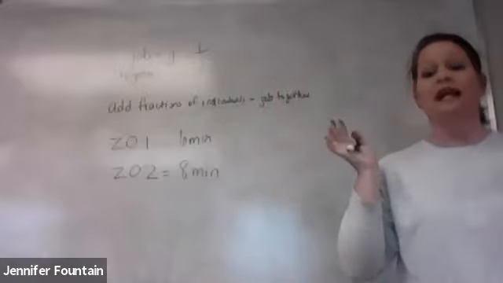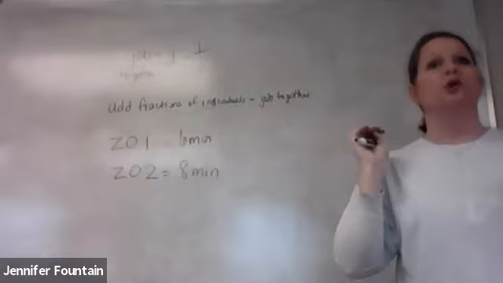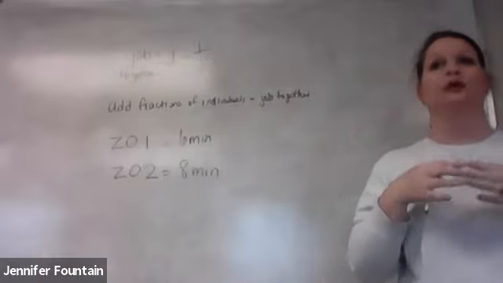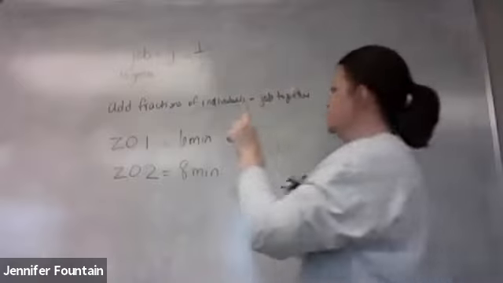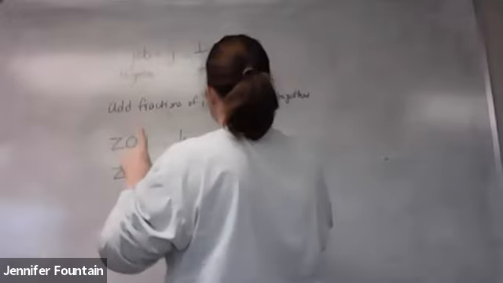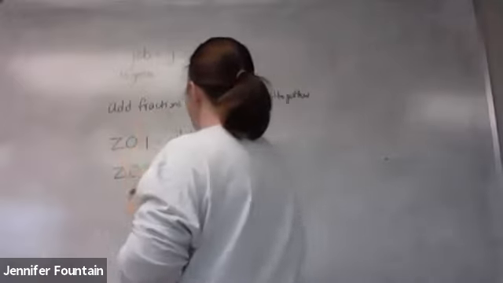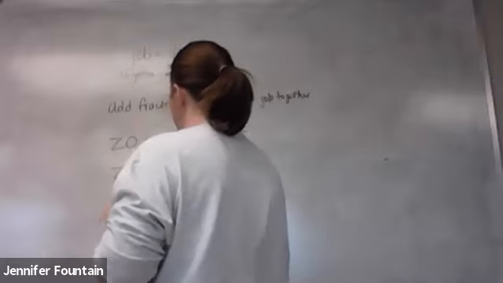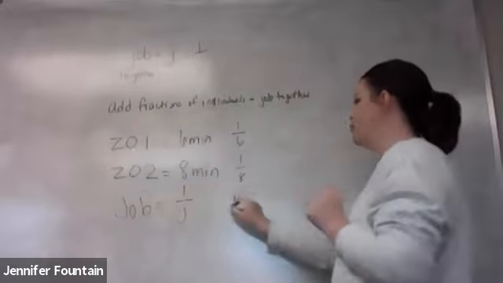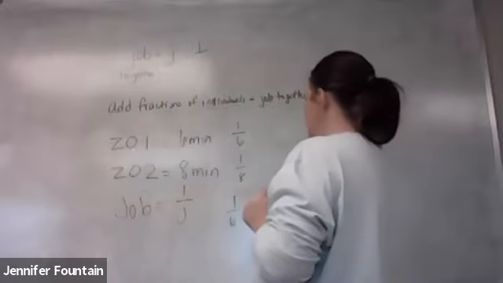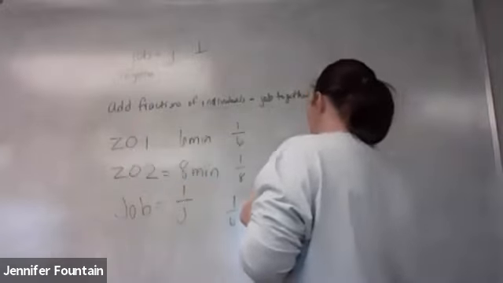Now I need to make fractions based on how much they can do within one minute. So he will be 1 over 6, he will be 1 over 8, and my total job together will be 1 over j. So I'm going to have 1 over 6 plus 1 over 8 equals 1 over j.